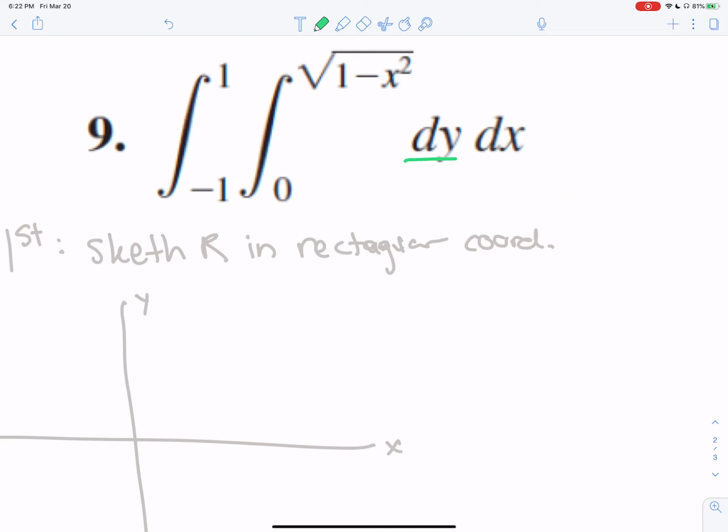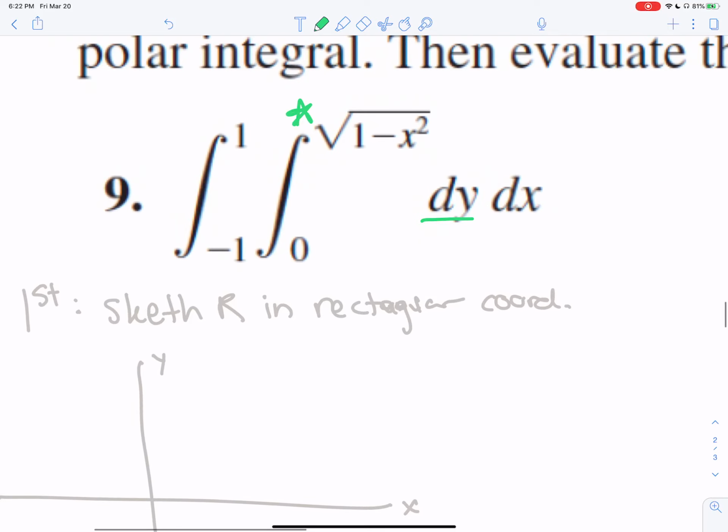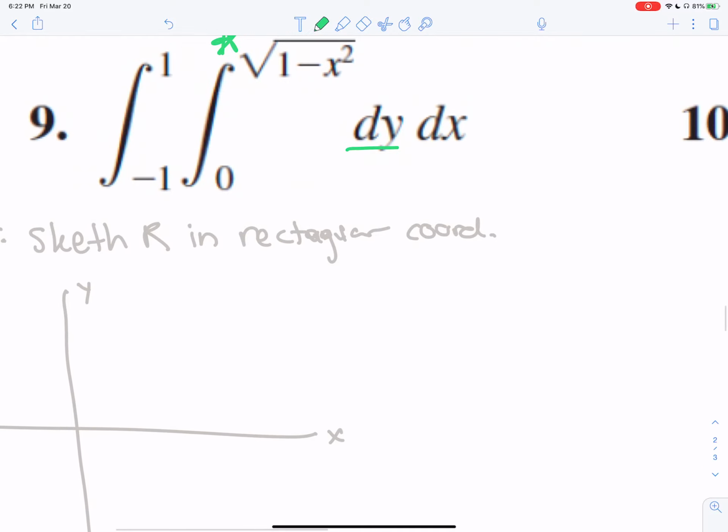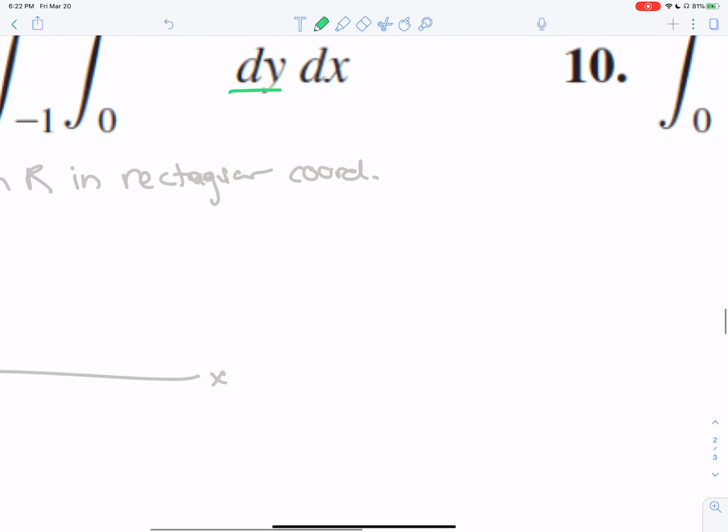Okay, so we know for this region, y goes from 0 to the square root of 1 minus x squared. Now this, you kind of need to know what this is. That is going to be the upper half of the unit circle. And how I got that is from our circle equation, x squared plus y squared equals 1. If you solve that for y, you get y equals plus or minus the square root of 1 minus x squared.